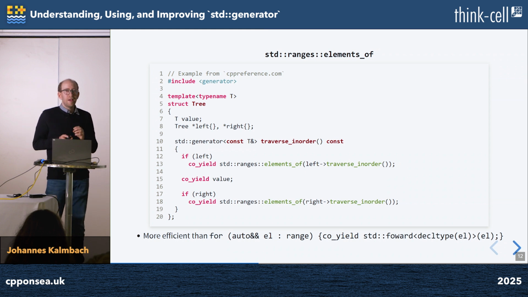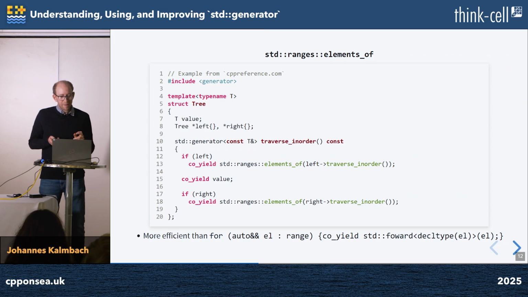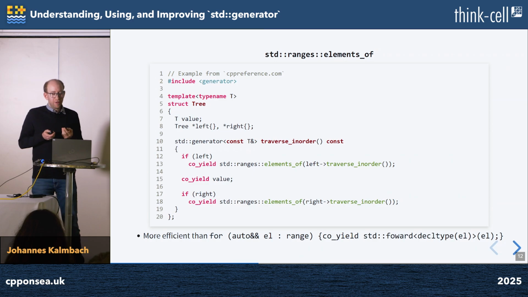So it is semantically roughly equivalent to a for loop that says, for each element in left, traverse in order, for example, and yield that element.